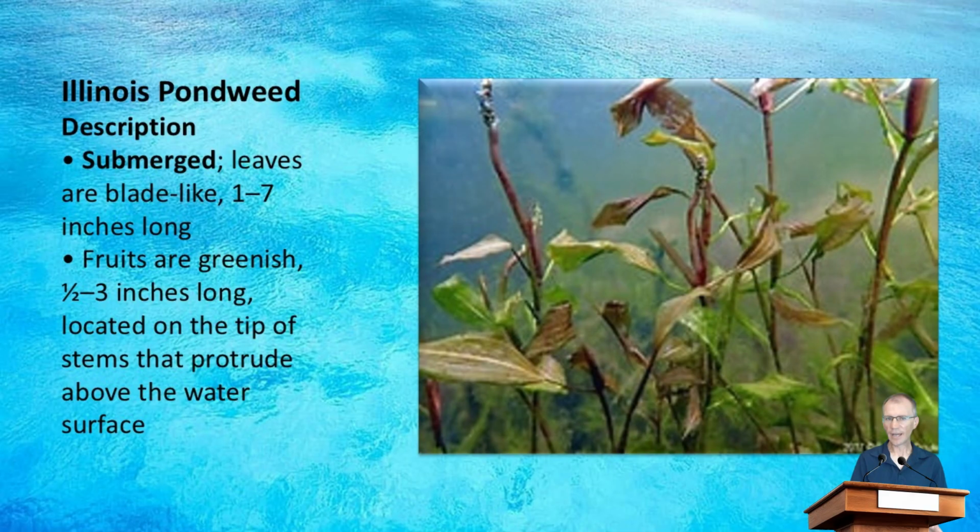Illinois pondweed. Description: submerged, leaves are blade-like, 1 to 7 inches long. Fruits are greenish, 1/2 to 3 inches long, located on the tip of stems that protrude above the water surface.